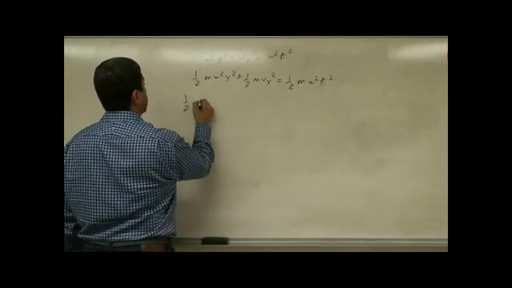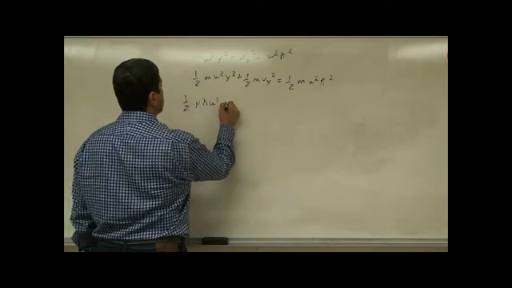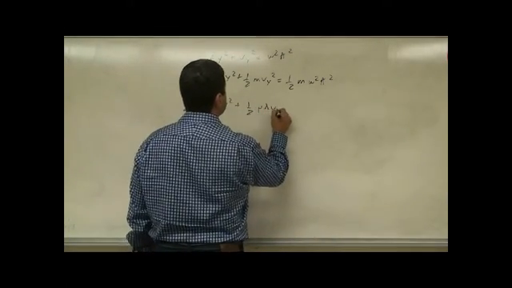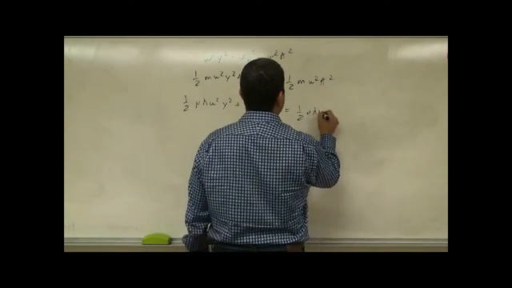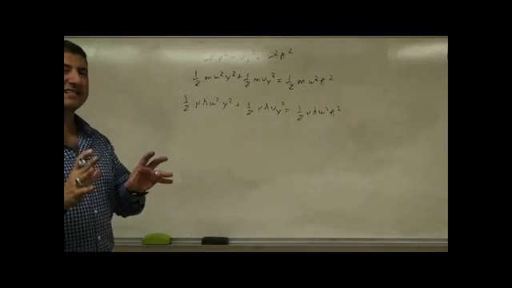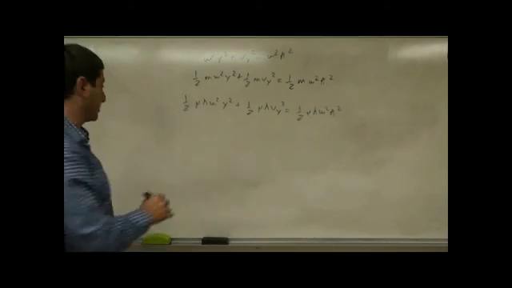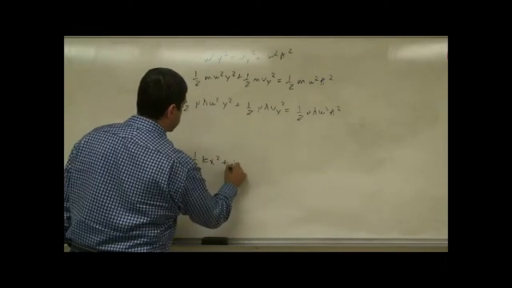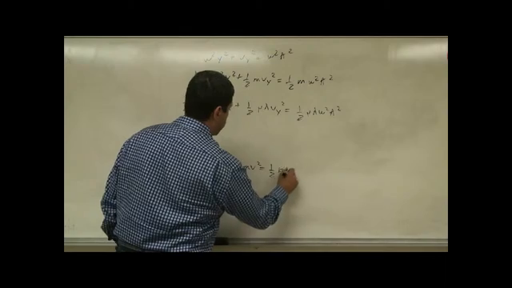So we can write it as half mu lambda omega squared y squared plus half mu lambda v sub y squared. That's equal to half mu lambda omega squared a squared. So basically this replaces the potential energy and kinetic energy equation for the springs. We have half kx squared plus half mv squared is equal to half ka squared.